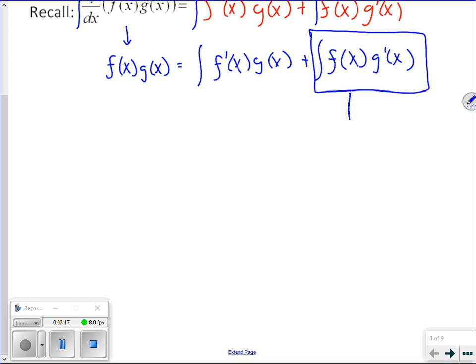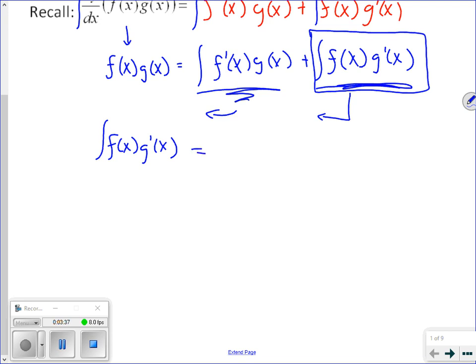So let's shoot this over to the other side and get this by itself. We're simply going to subtract this integral over to the other side. So I'm going to rewrite it this way: the integral of f of x, g prime of x, which is just this quantity here, is equal to f of x, g of x, minus the integral of, and instead of f prime g of x, I'm going to say g of x, f prime of x.